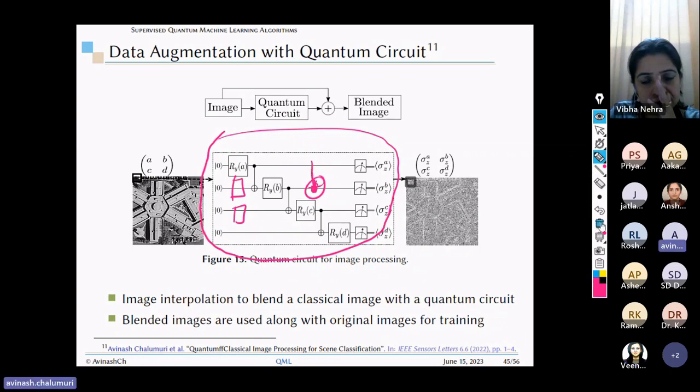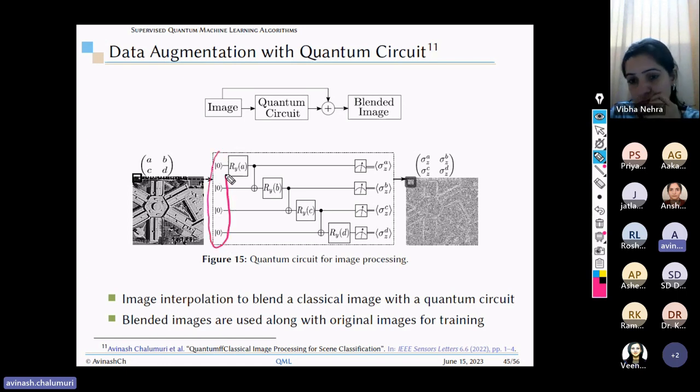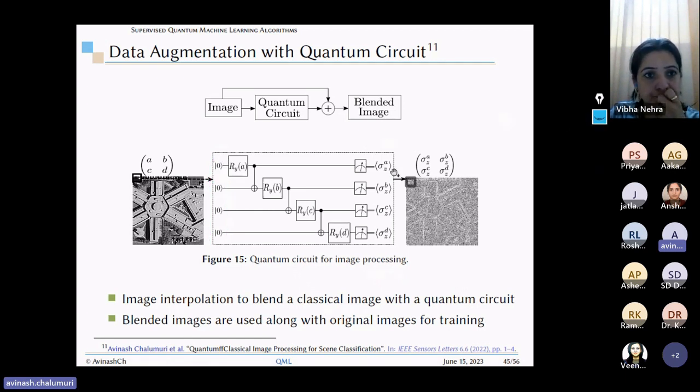So what we did is we took an image and passed it through a quantum circuit in a patch-wise manner. We took chunks of it because at present we have only a few qubits to work with. I'll show that too. And then you will be able to reconstruct this image this way.